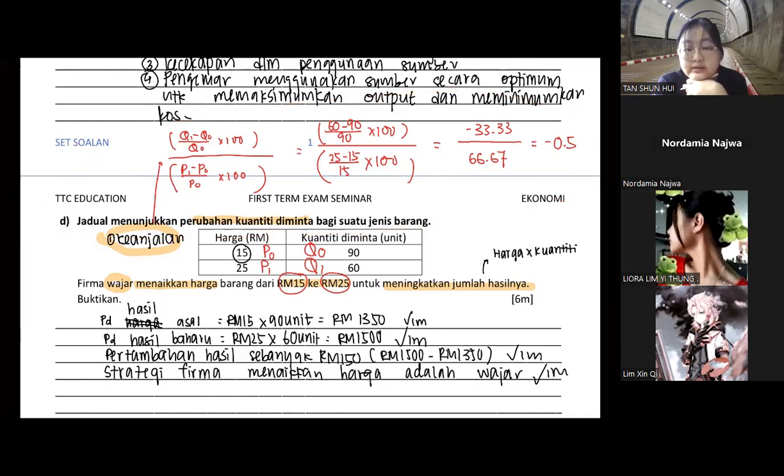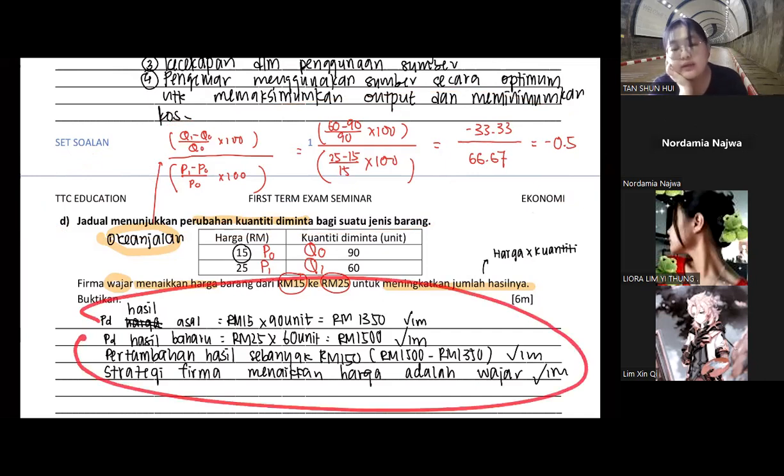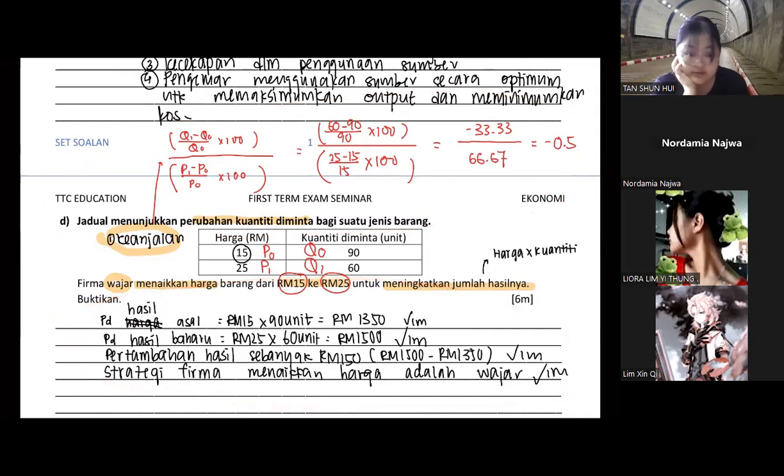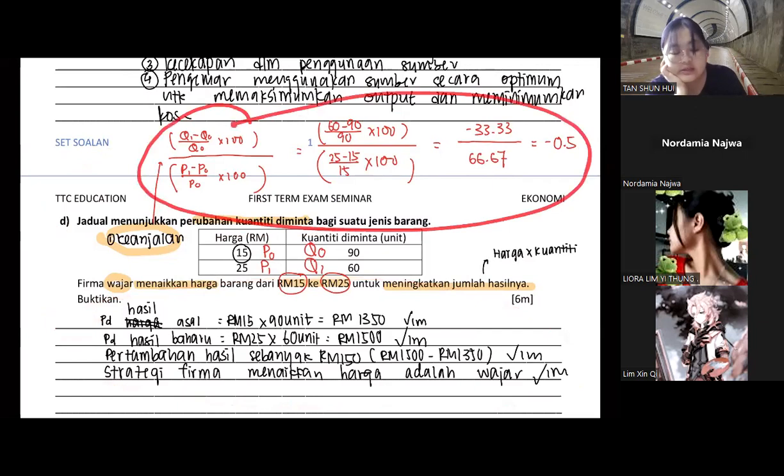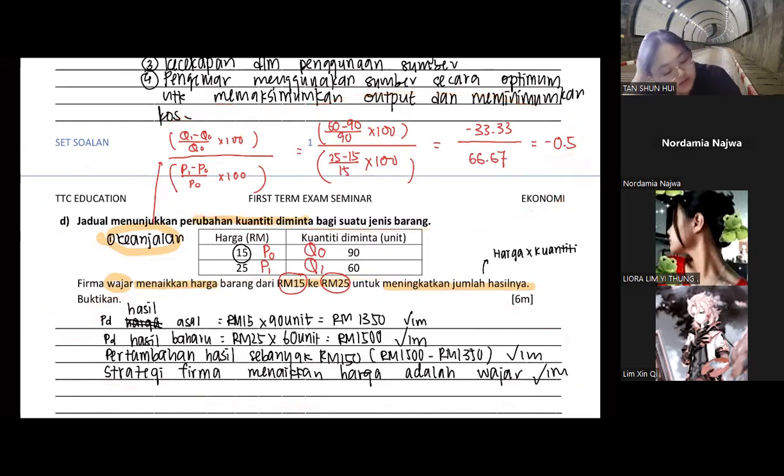Do we need to say tidak anjal? Yes, you can, of course. Actually, your answer has 2 ways. If you didn't think of tidak anjal, this is the maximum you can get. If you think of tidak anjal, since you already calculated until here, then of course your explanation can go further. This is permintaan tidak anjal.